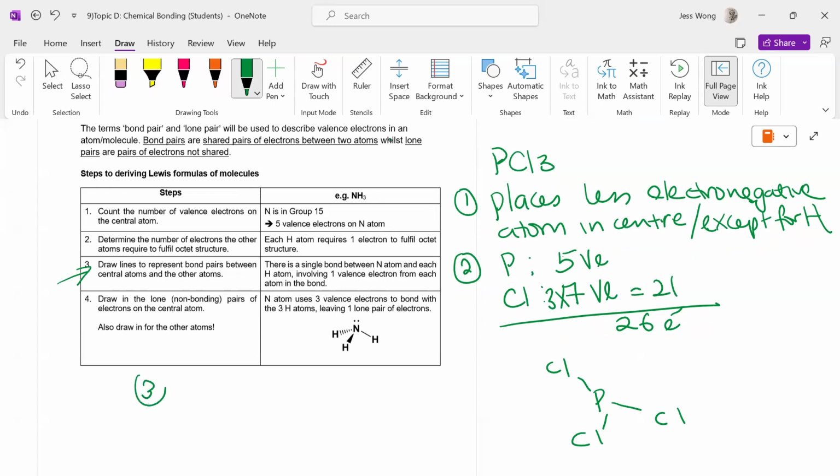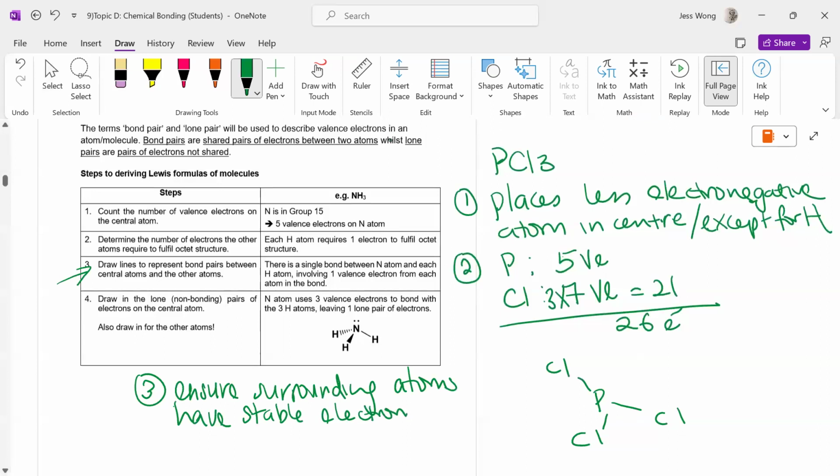Our focus is to ensure that the surrounding atoms, in this case chlorine, have a stable electronic configuration. So in this case, we will try to make it an octet.